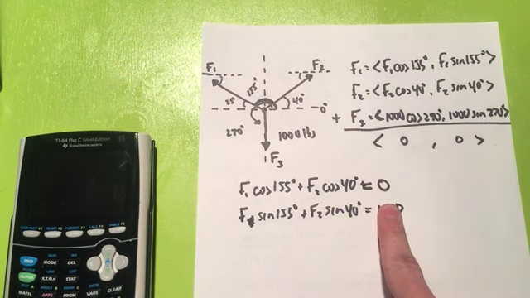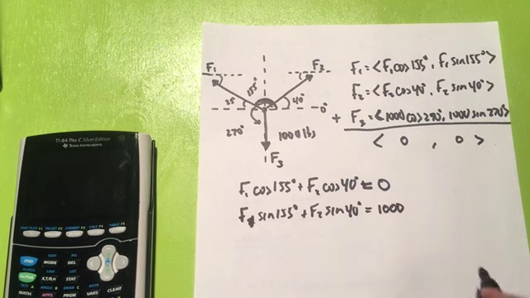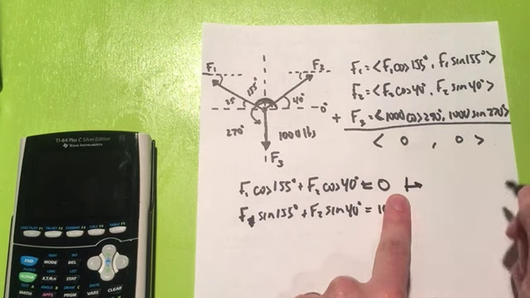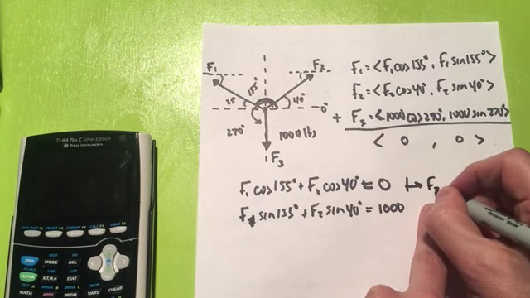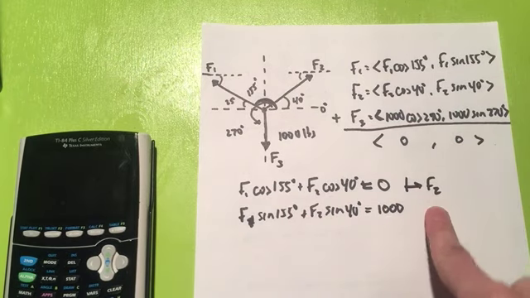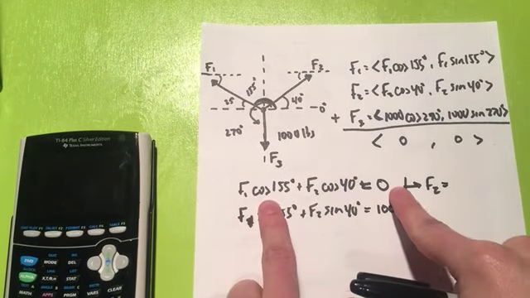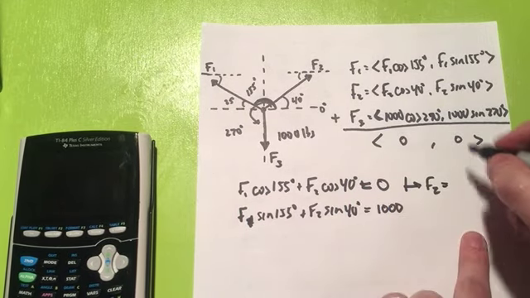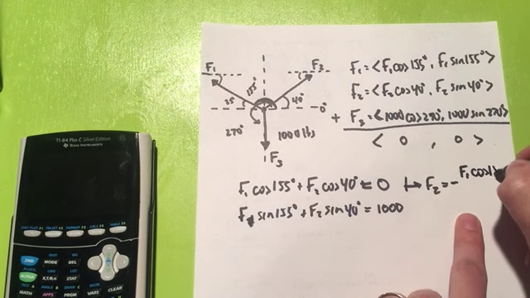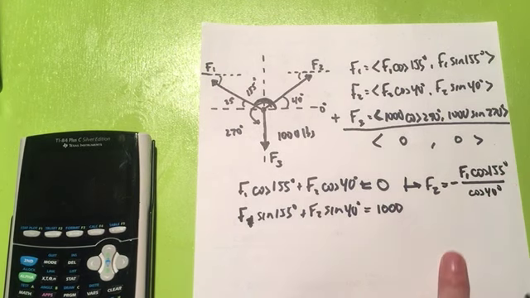We have a system of equations. This is just a number, a number, number, number. So solving this as a system of equations, I'm going to take this first equation and solve it for F2. You could solve for F1. We could use the elimination method. I'm going to solve by substitution. F2, if we subtract F1 cosine 155 and divide, is equal to negative F1 cos 155 divided by cosine of 40 degrees.